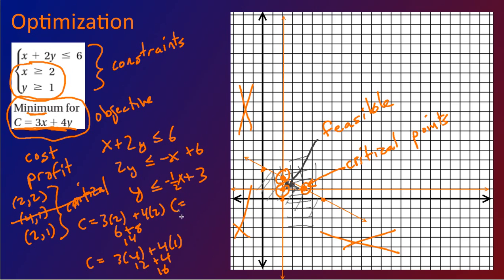And then C equals 3 times 2 plus 4 times 1. So that's 6 plus 4, which is 10. So I know it's not that one. It is this one. So my minimum value comes from x equals 2 and y equals 1, and the minimum value is 10.